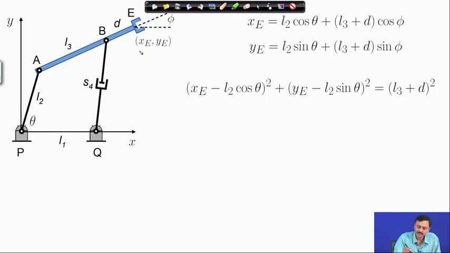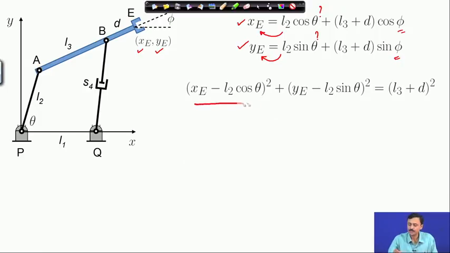I am given this x e and y e. So, these are known to me. What I have to find out is theta, let us say the first thing is theta. So, from these two I can eliminate phi, and this is what I have done in the next step. I have taken these terms to the left hand side and squared and added them to eliminate phi.